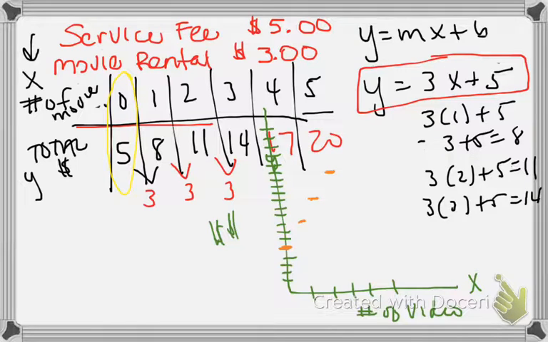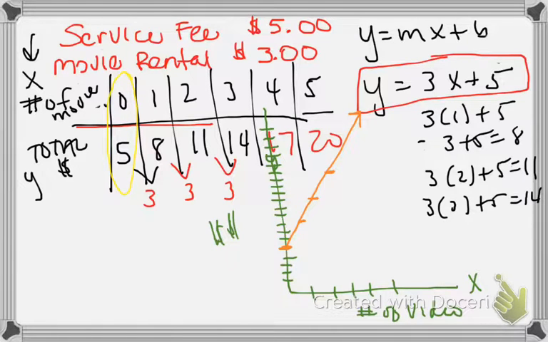You can see the pattern going straight up like this. So this is linear, a line, and non-proportional. Remember, proportional means it would have started at the origin, 0, 0. But it didn't. This one started up high on the y-axis.